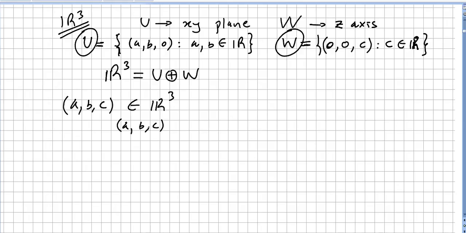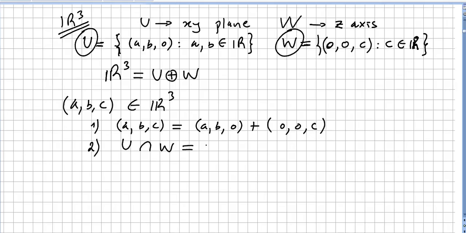every single vector of R3 can be written in a unique way as a sum of vectors in U and vectors in W. Okay, so 1 and 2, the intersection of U and W, well, the only vector that is in the intersection of U and W is the vector 0, 0, 0.